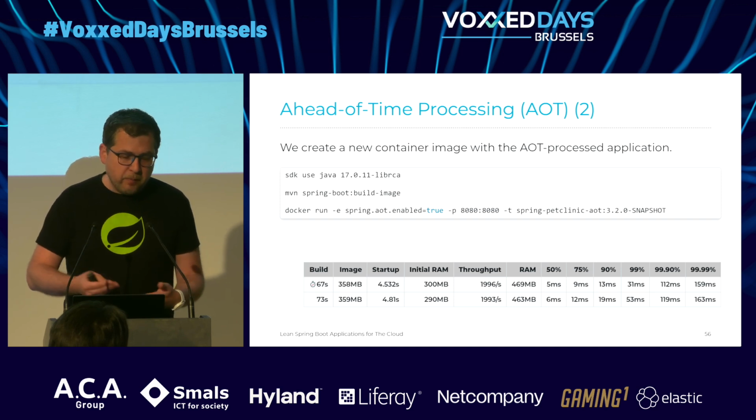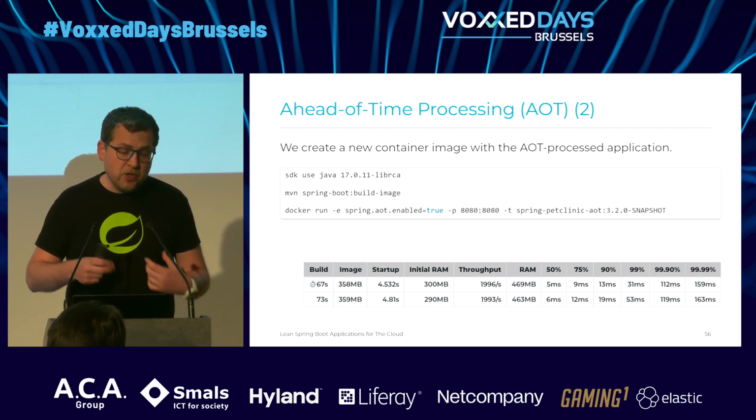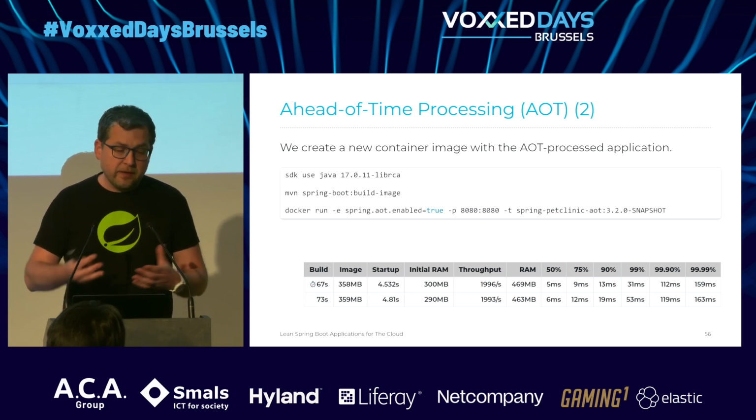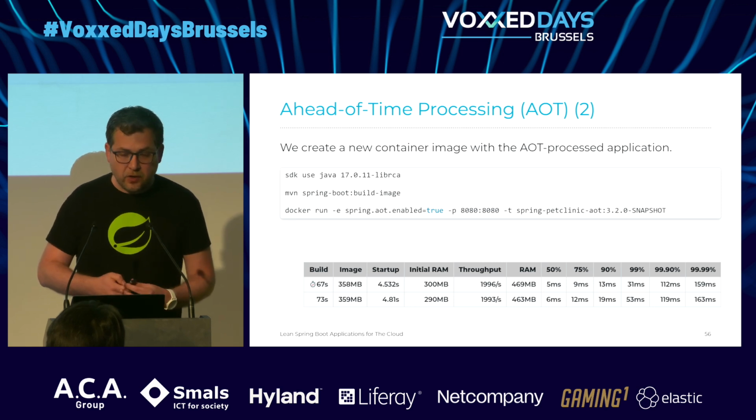The numbers are slightly worse, and I don't know what the reason is. I guess it has to do with the Java version, so I think Java 21 would actually be slightly better. But that should help not to need more CPU usage, because you just execute code and there is no class path scanning needed at all, right?